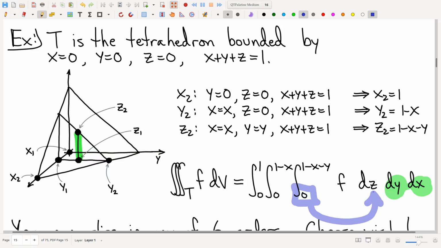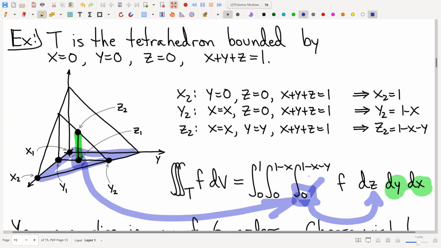Well, what's the lowest value of z anywhere on that green y slice of my x slice? It's going to come from that point, sort of obviously in the plane z equals 0. So pretty easy to see that lower bound is 0. Again, you get freebies sometimes.